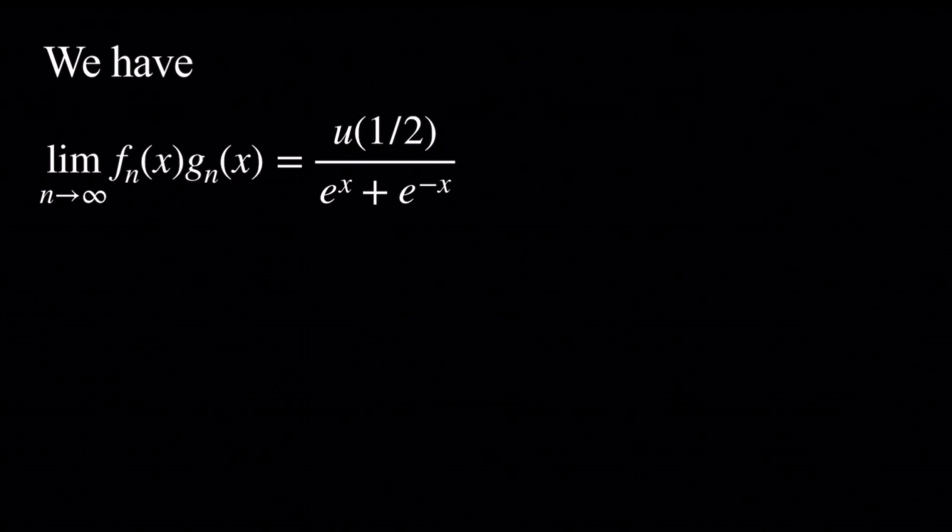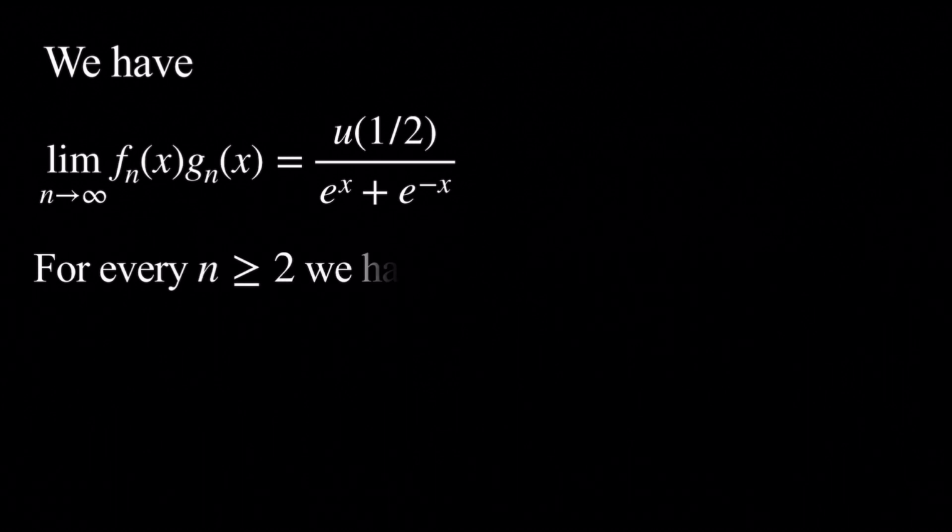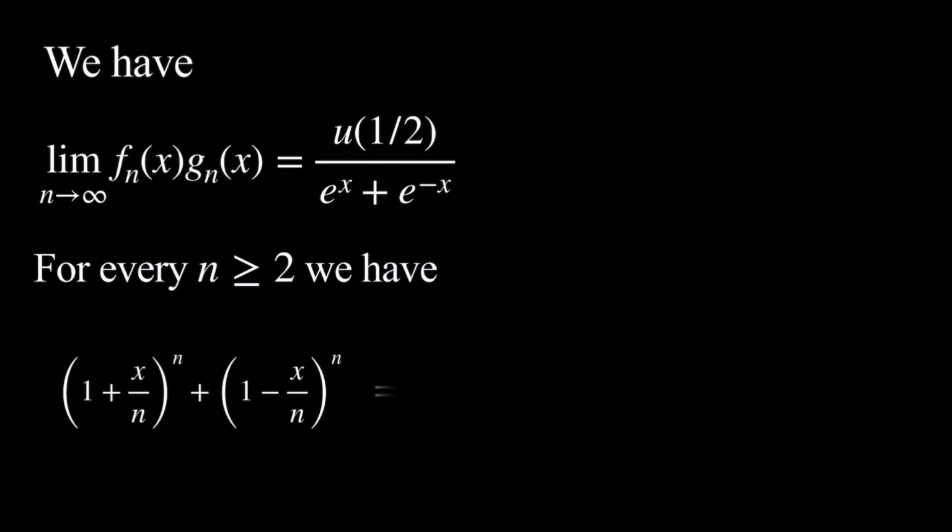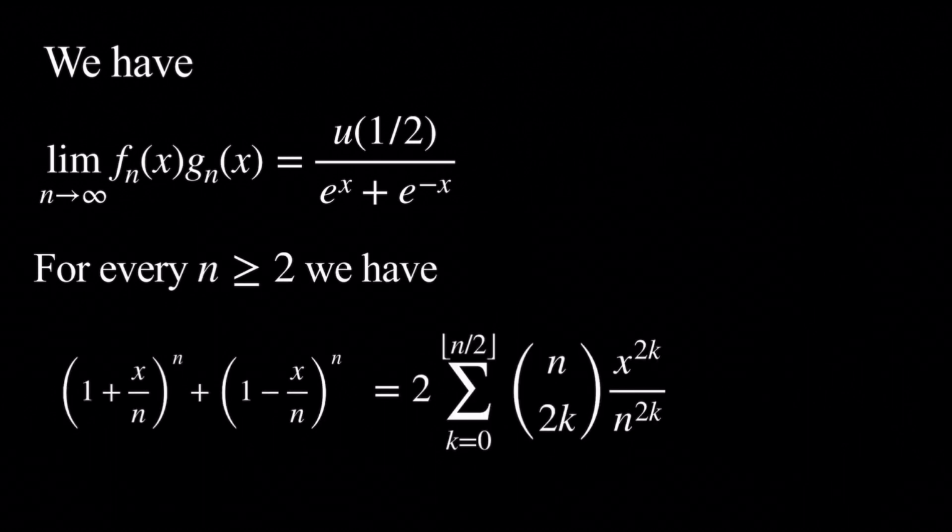Okay, so now what we want to do is find an upper bound for the product f_n(x) times g_n(x).